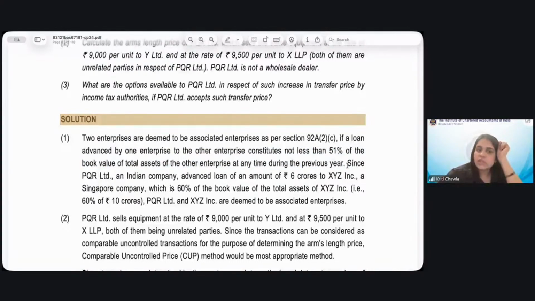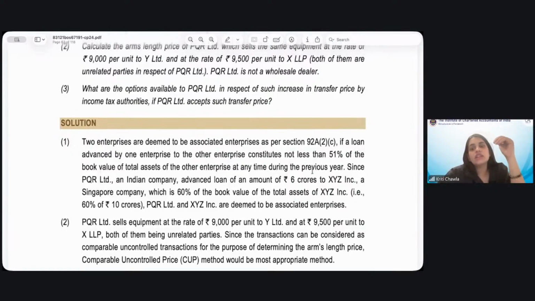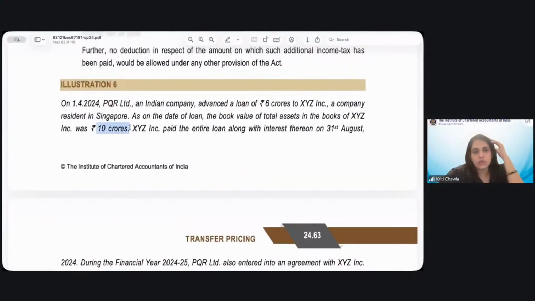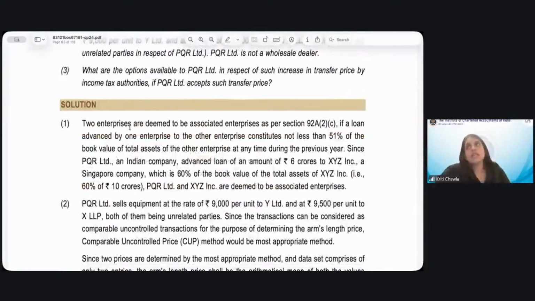In this particular situation, PQR has given a loan of 6 crores and the book value of the total assets is 10 crore. So that basically means this is 60%. Because this is more than 51%, they will be deemed to be associated enterprises. So one, they are associated enterprises for sure.